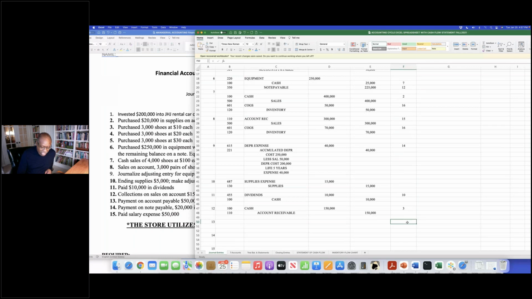Sounds like a type 8. So in a type 8, we're going to debit a liability paid. That's accounts payable. Correct. And what are we going to credit? Cash. Credit cash.